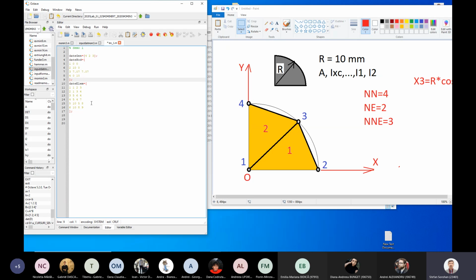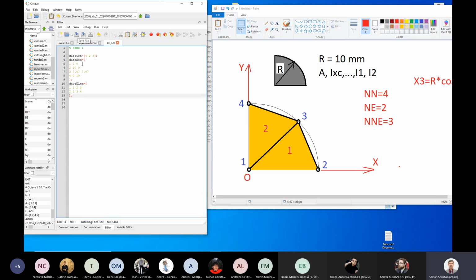It's not good. So here is 1, 2, 3. Element number 2 is 1, 3, 4. It's perfect. Let's save this one.